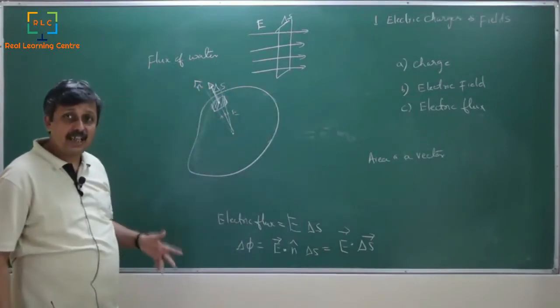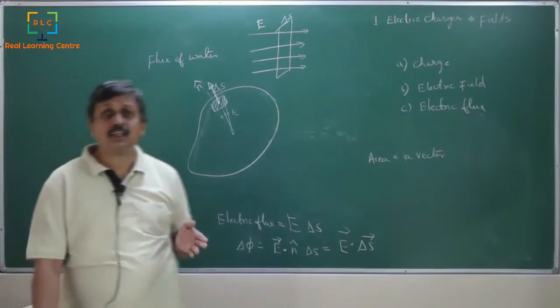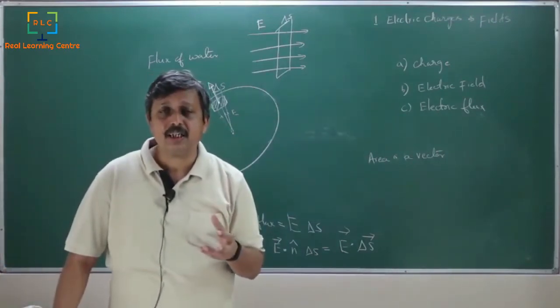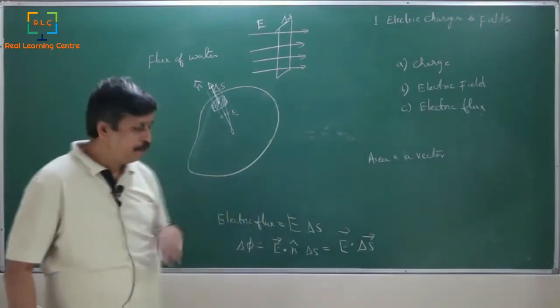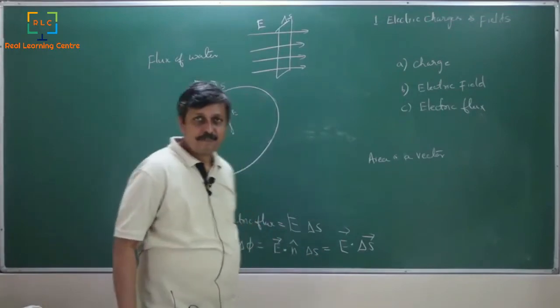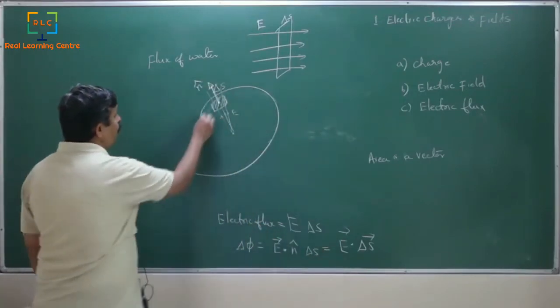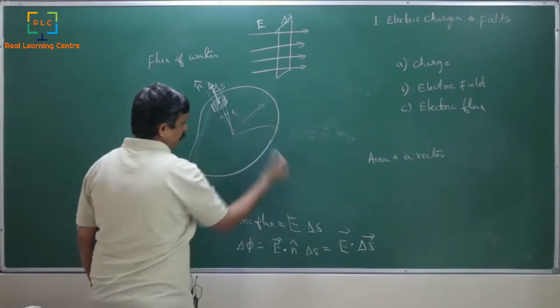So if that is the case, this is not related to only flux. This concept of area being denoted as a vector is going to be there all the time from now onwards. So please remember that. So delta phi is nothing but E dot delta S. Now I want to find out the whole flux that is coming out of this everywhere. It's going everywhere out of this.